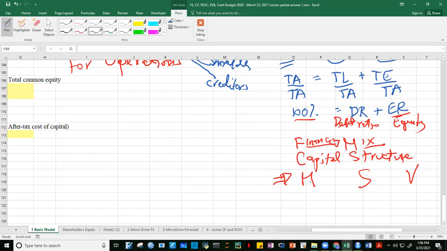Should what? Anyone? Remember this? Day one discussion? Discussion to ng day one, guys. Okay, may answer dito. Okay, correct. Charmaine, that's correct, no? Thank you, Charmaine. It's to maximize shareholder value.